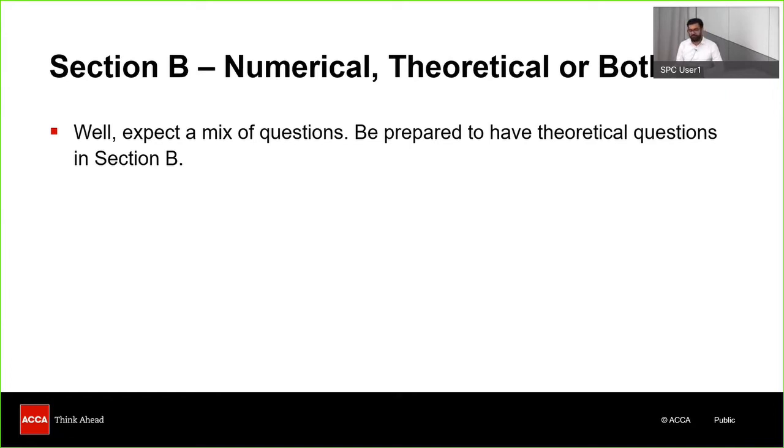So when it comes to section B, just like section A, expect a mix of both questions, and my advice is to focus on the theoretical questions. For PM, the key to pass the exam is to focus on theoretical questions, no matter whether it's section A, B, or C.